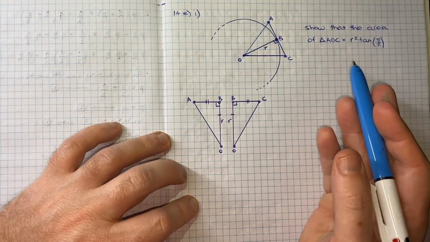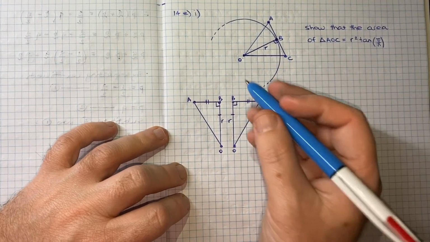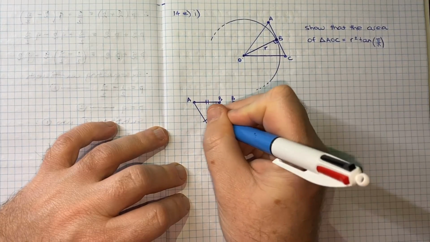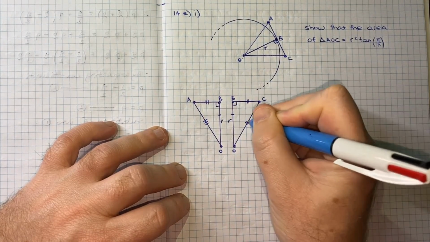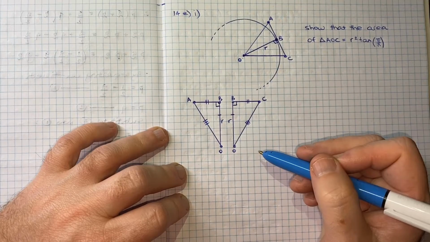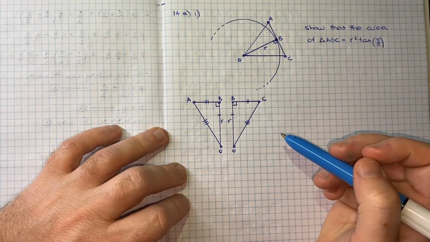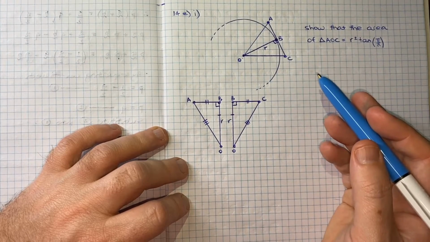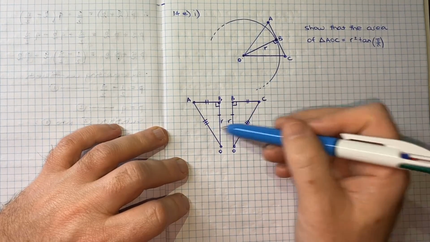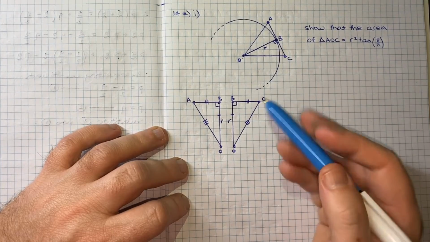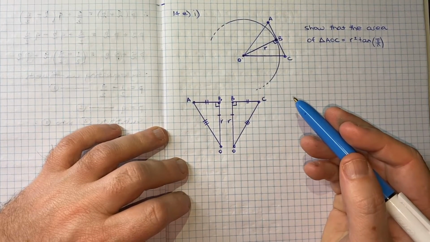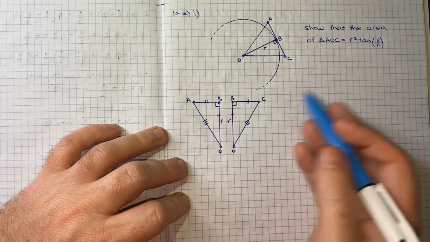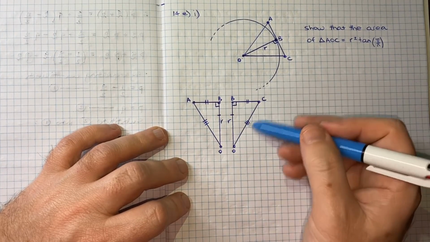And so it wouldn't take a lot of effort to prove that AO and CO must also be equal. You just use Pythagoras' theorem if you wanted to work through the whole proof. But in the context of a 4-unit trial exam, just noting this on the diagram is probably enough. It's not the essence of the question, so I don't think you'd be losing any marks by not going through the steps of that proof.